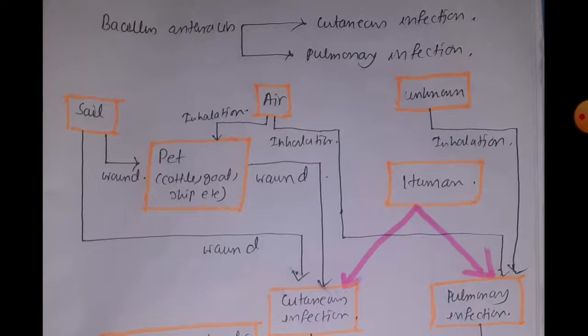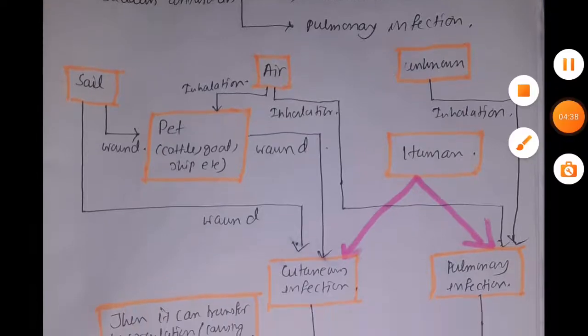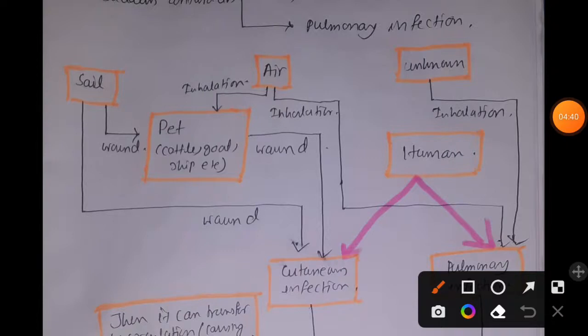Now there are two pathways by which Bacillus anthracis can enter the human body from soil. One is directly from soil, and the other is from soil to pets and then from pets to humans. Mostly whenever there are wounds in the pets, Bacillus anthracis from the soil can enter the pet and infect it, and from those pets via the wound it can be transferred to the human and facilitate cutaneous infection.